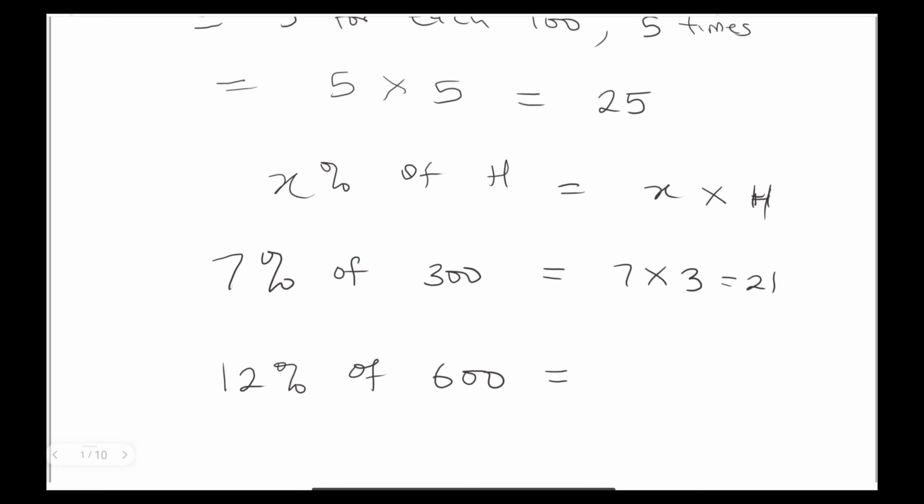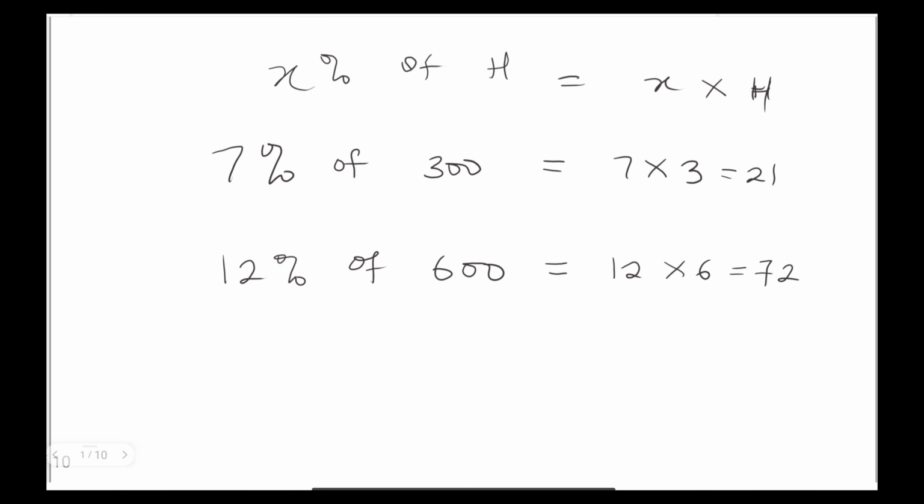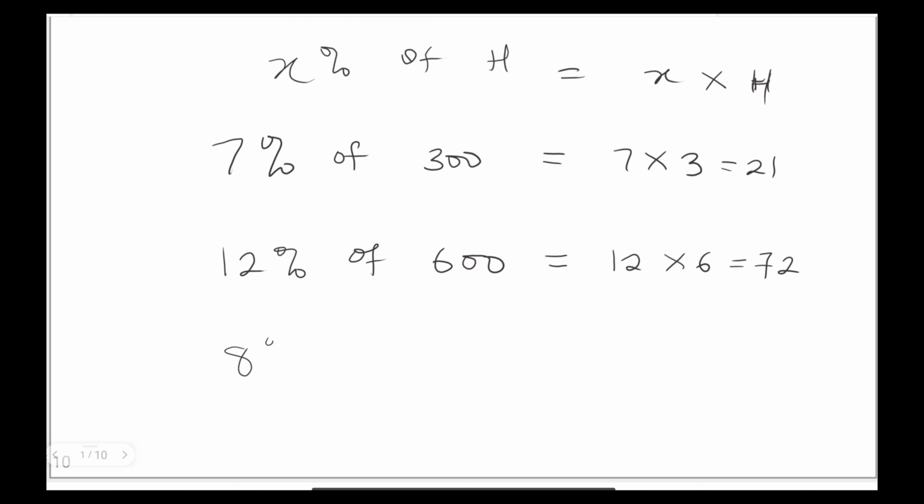Pause this video and try this. This would be 12 times 6, which is 72. What is 8% of 900? That would be 8 times 9, which is 72.